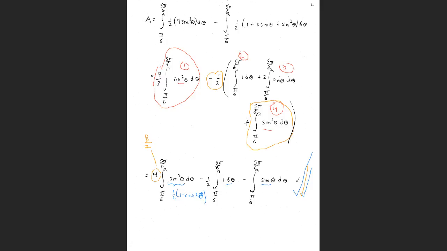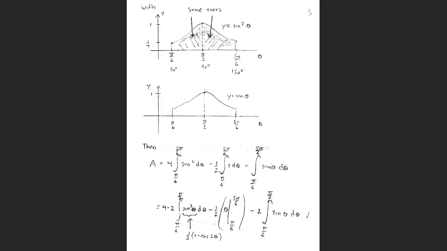But remember the first problem we did, we took advantage of the properties of the sine and the sine squared, right? So look what I can do here. On the next page, I drew a graph of the sine of theta.